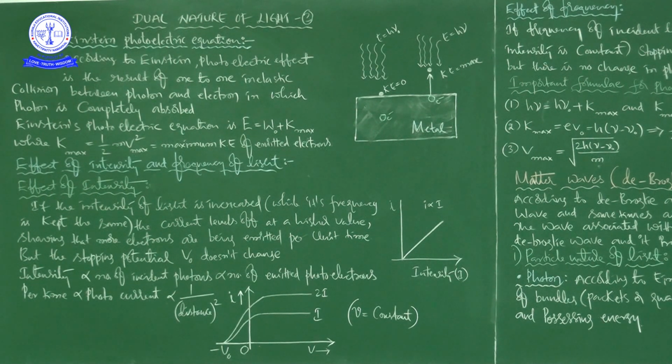Stopping potential is the potential of the collector plate at which no electrons can reach the collector plate.